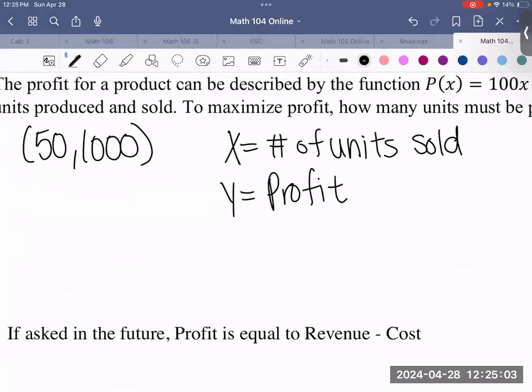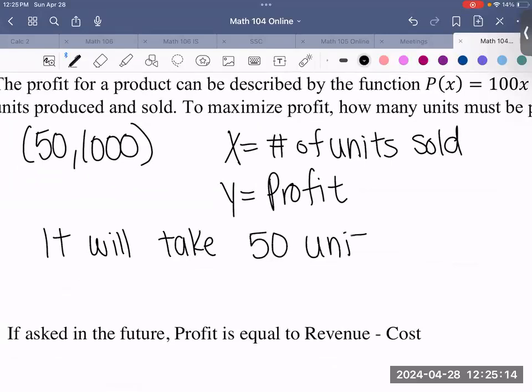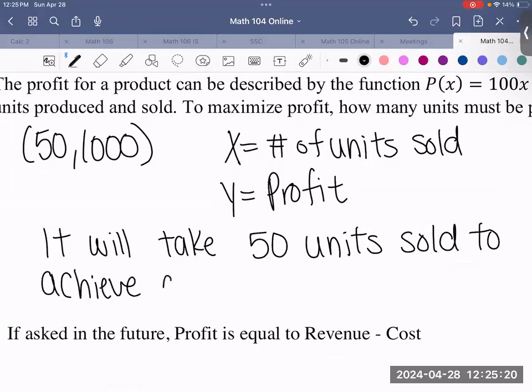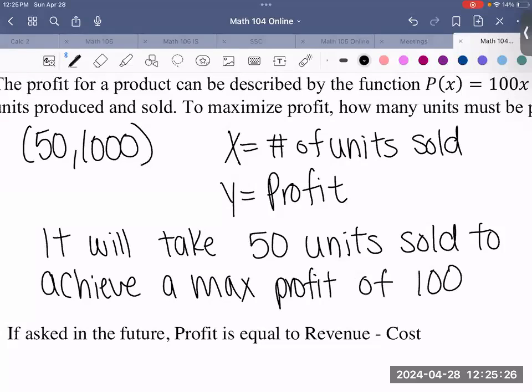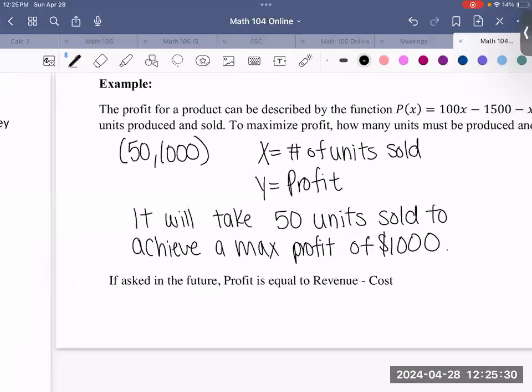Well, something along the lines of it will take 50 units sold to achieve a max profit of $1,000. And that's all you need.